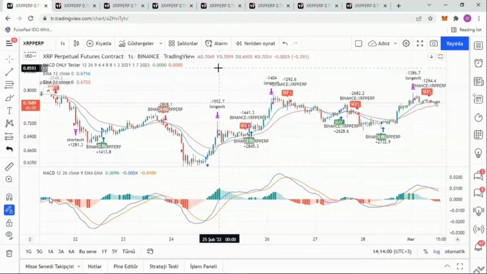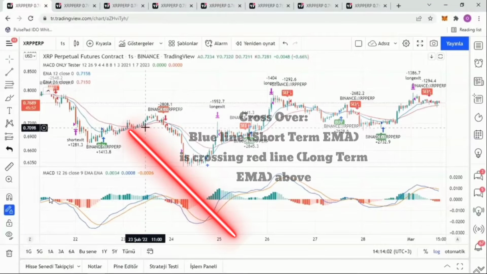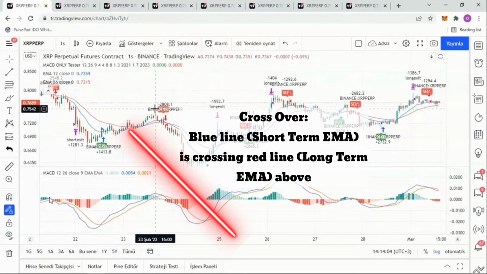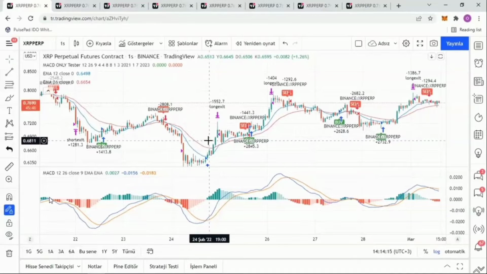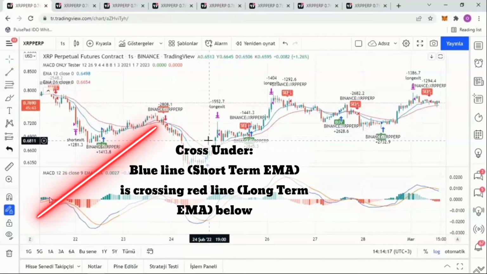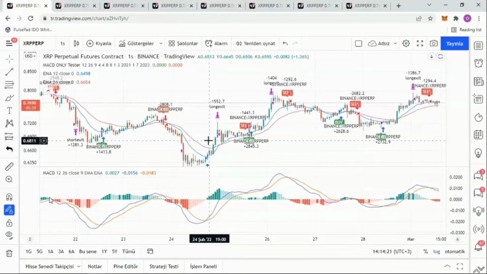For example, if the short-term moving average crosses over the long-term moving average, this tells us there is a high probability that the trend may be changing its direction from downtrend to uptrend. Similarly, if the short-term moving average crosses under the long-term moving average, then this tells us there is a high probability that the trend may be changing its direction from uptrend to downtrend.